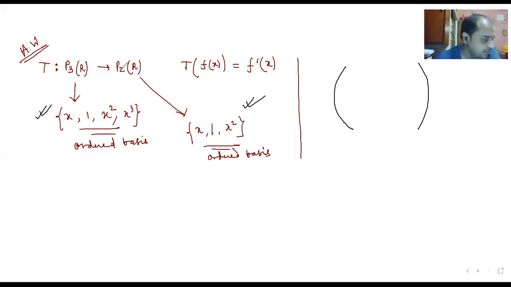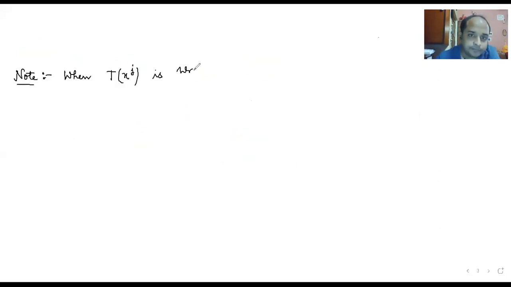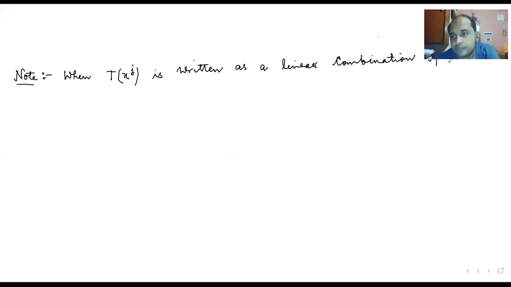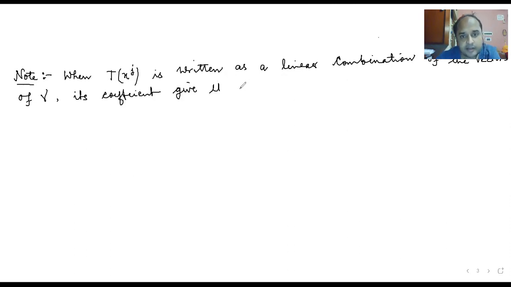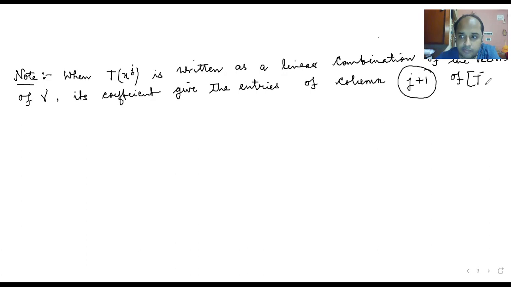Meanwhile, I am going to write something on my page. So Txj is written as a linear combination of the vectors of gamma, and its coefficients give the entries of column j plus 1 of T beta gamma.